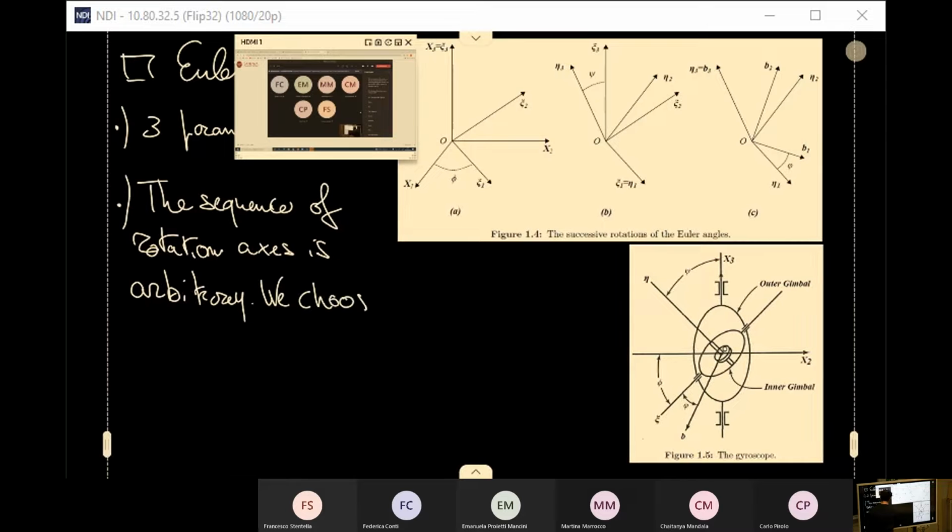We choose 3, 1, 3. But there are others possible, okay? How many? Well, all the triplets, in fact, that can be formed by an inversion of these three subscripts, 1, 2, and 3.